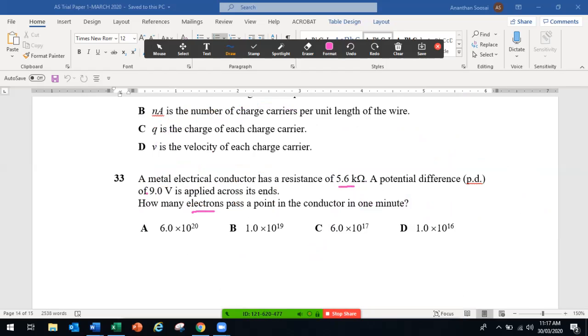So we have to find the current first, V over R. Then you use I equals Q over t, but the Q you have to transform to Ne. You're looking for N, the number of electrons. e is the elementary charge. Okay, I can get the answer.